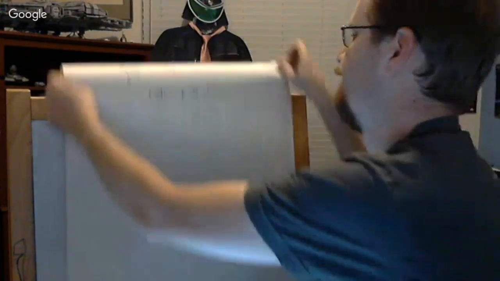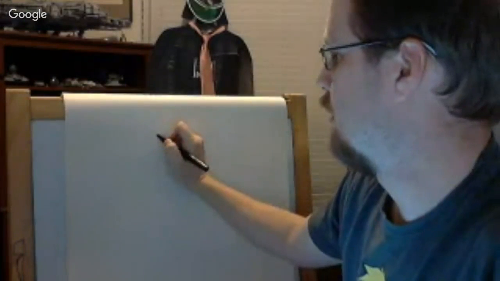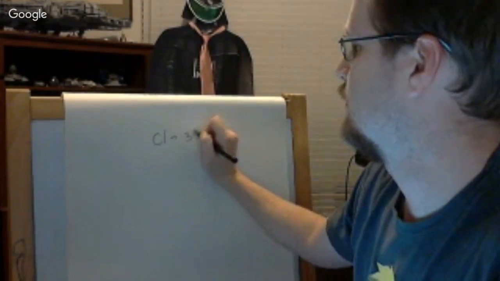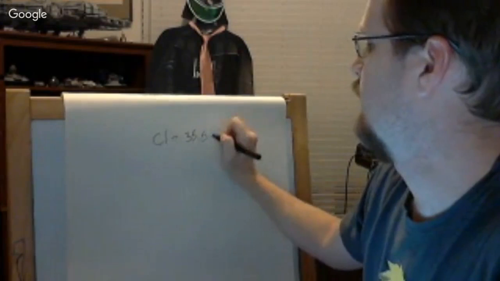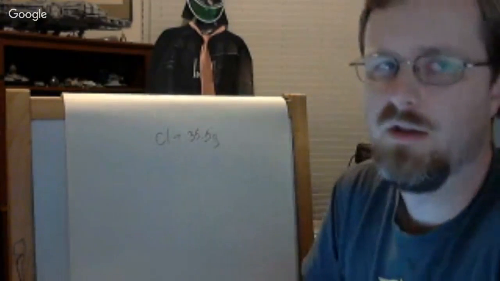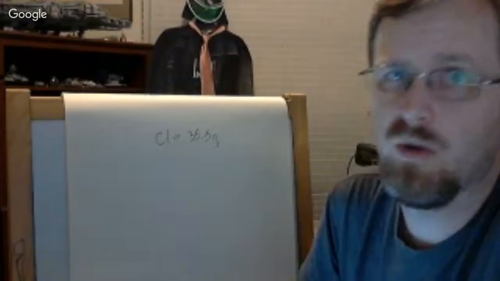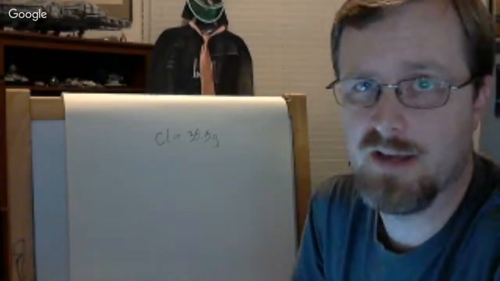Trying to think of something on the periodic table that I know pretty well. Let's say the molar mass of chlorine is 35.5 grams. So if the molar mass of chlorine is 35.5 grams, then what is the average atomic mass of chlorine?